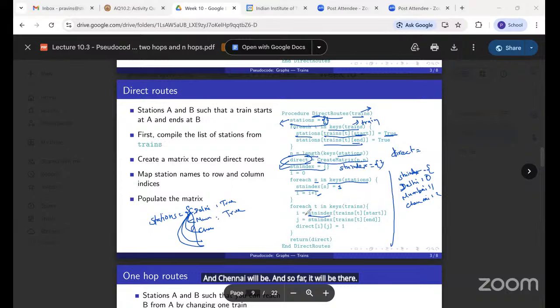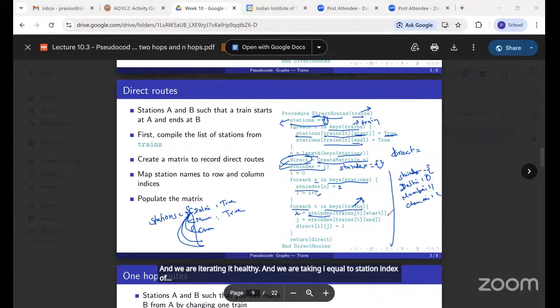And next, what we are doing: for each T in keys of the trains. Now we are coming to our main trains dictionary, and we are iterating it again. And we are taking I equal to station index of trains of T of start. So trains of T of start is nothing but what?